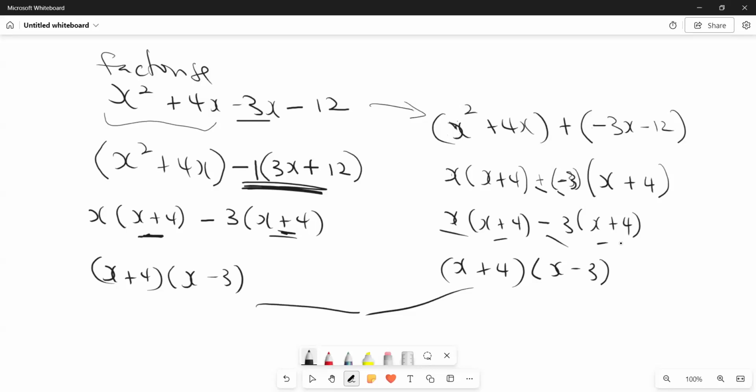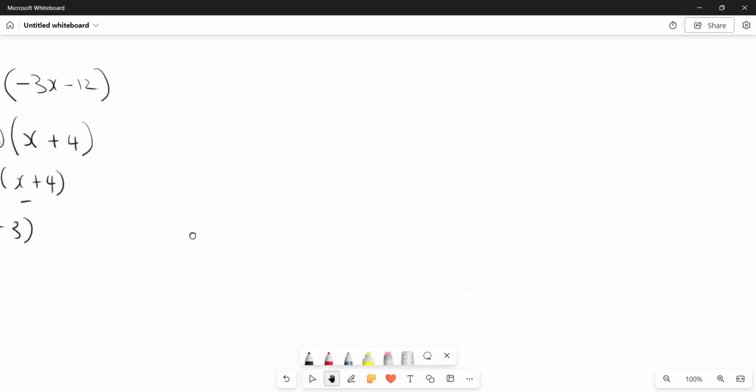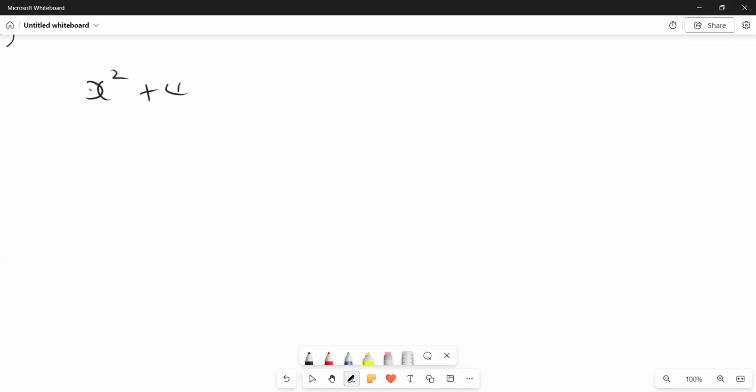There's another approach too that can help you, if you're having trouble with this. Take this expression here, I'll write it back: x squared plus 4x minus 3x minus 12.